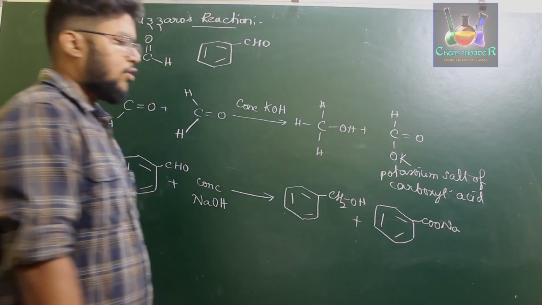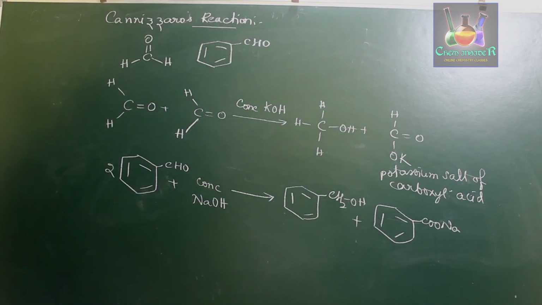So these are the two products formed by the reaction of aldehydes which do not have an alpha hydrogen when they are treated with concentrated alkalis such as sodium hydroxide or potassium hydroxide.